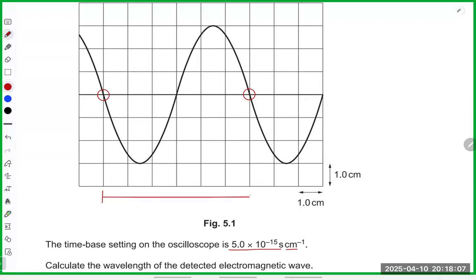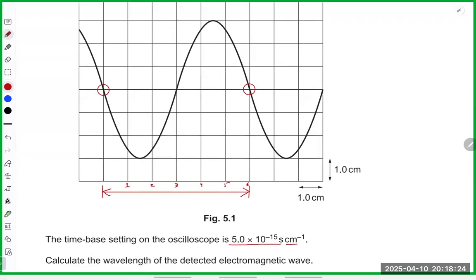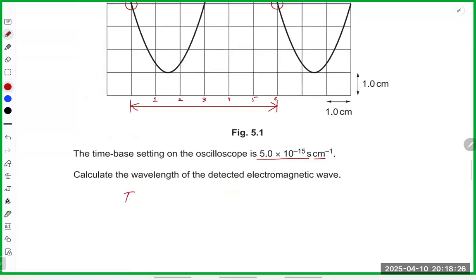This, which appears to be the wavelength, is actually not the wavelength but the time period. So how many boxes are there? 1, 2, 3, 4, 5, 6. So the time period is going to be 6 times 5.0 into 10 to the power minus 15, which is 30, so 3.0 into 10 to the power minus 14 seconds.